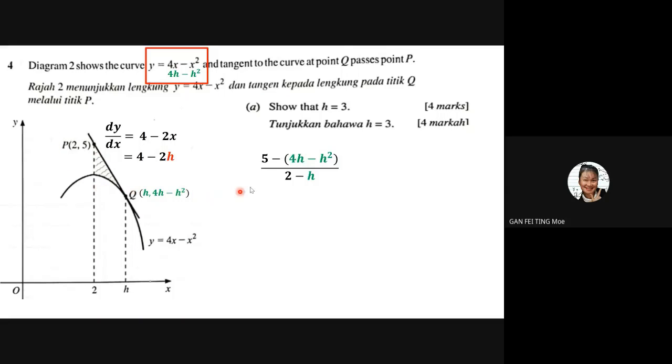So the formula will turn into 5 minus 4h minus h squared, y1 minus y2 over x1 minus x2. So this is the gradient for this straight line. And this is equivalent to the gradient at point Q.